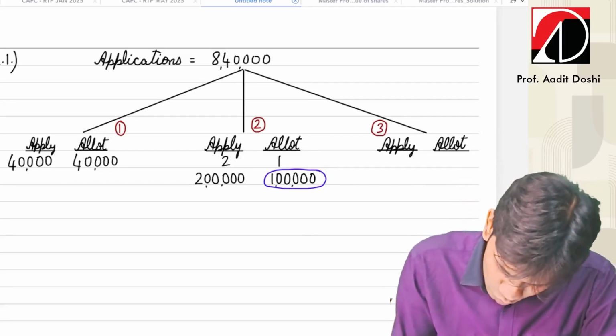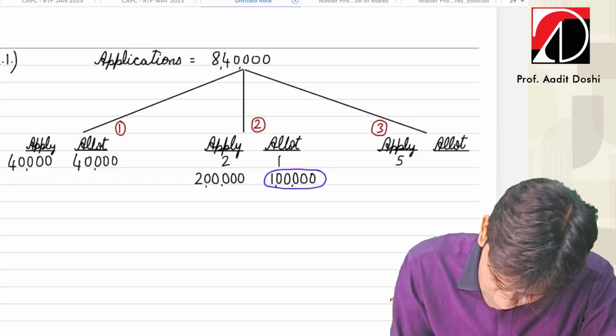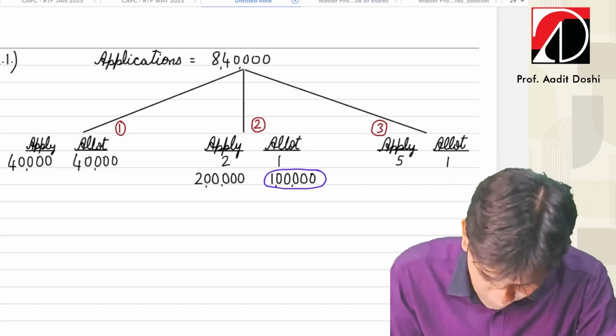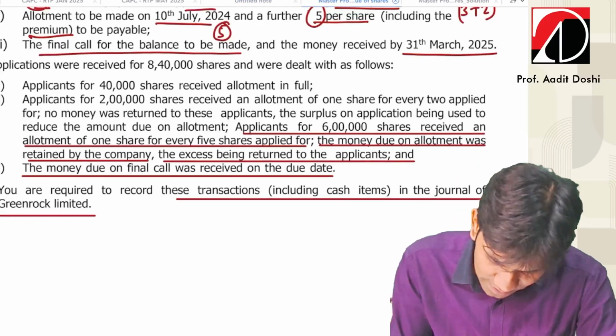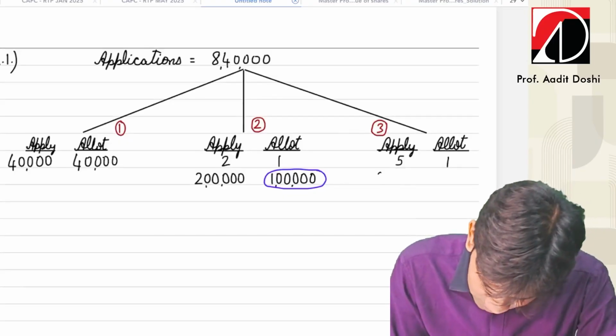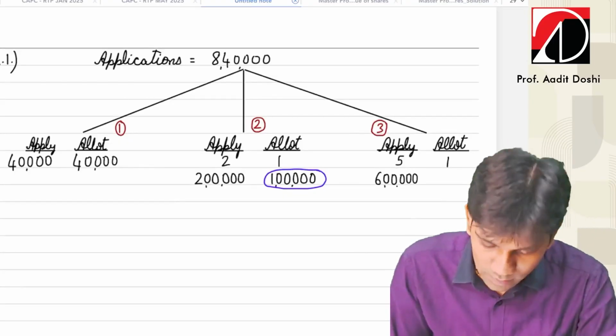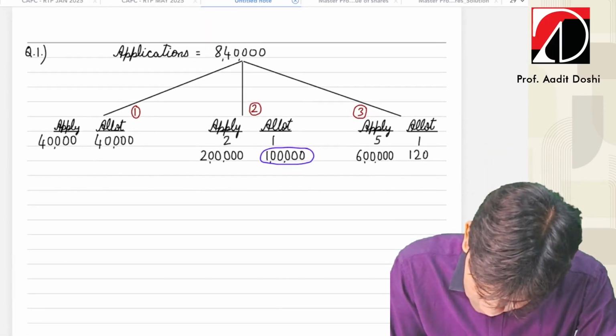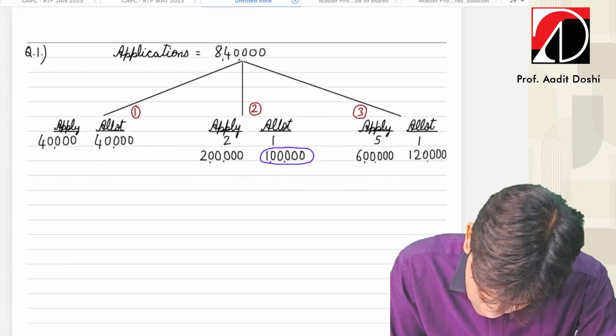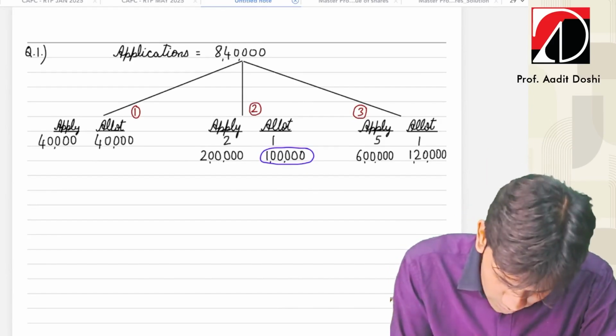Fine. Those who applied for 5, they were allotted 1 share, if I'm not wrong. So those who applied for 6 lakh shares, they were allotted 1,20,000 shares. I'll do this circle.